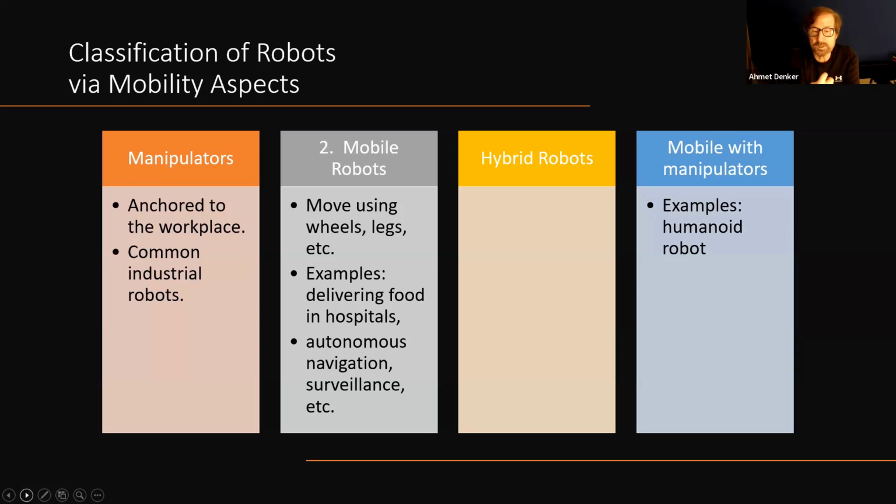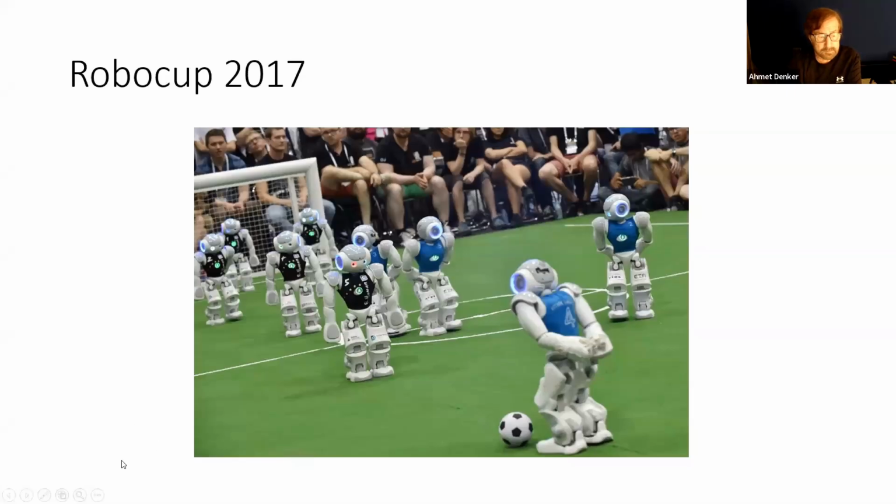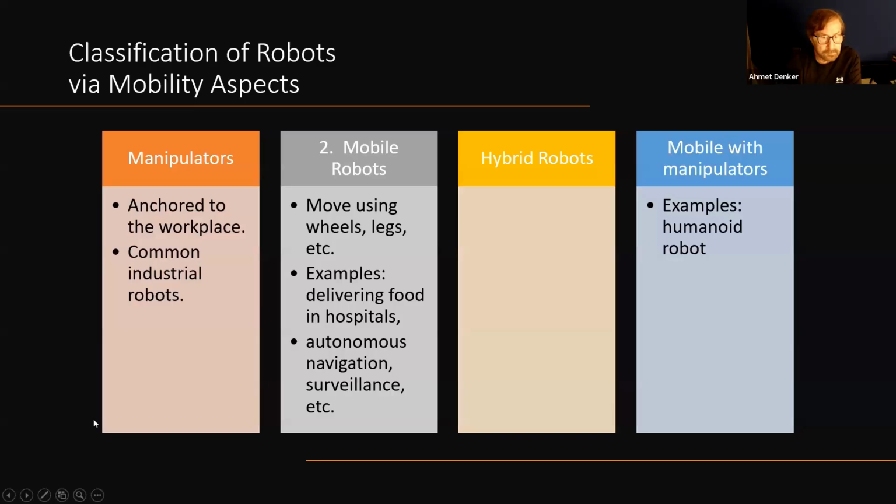The arm is fixed to its body, so it is anchored to the workplace. But the robot itself is a mobile robot. So we call this type of robots hybrid robots.